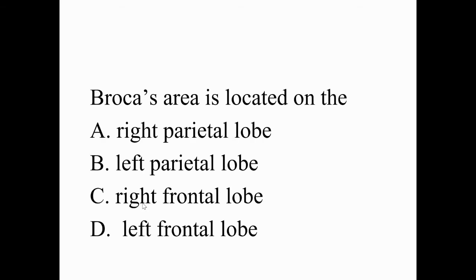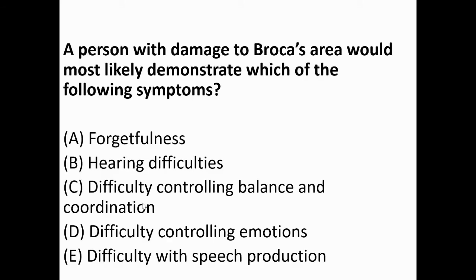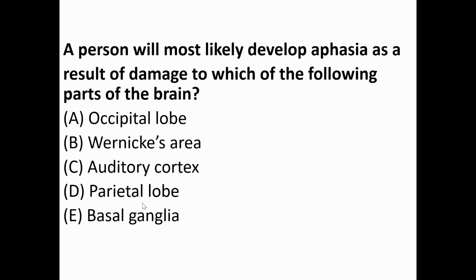Broca's area is located on the la la la left frontal lobe. A person with damage to Broca's area would most likely demonstrate which of the following symptoms? Broca boca, speech. A person will most likely develop aphasia as a result of damage to which of the following parts of the brain?